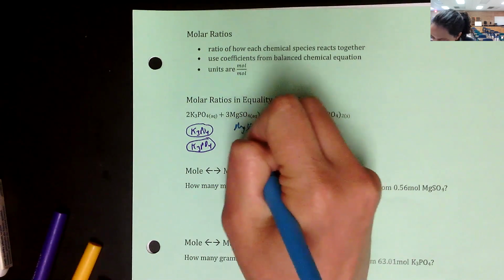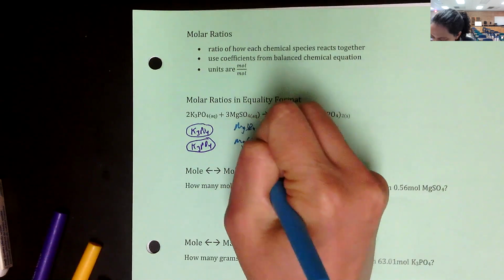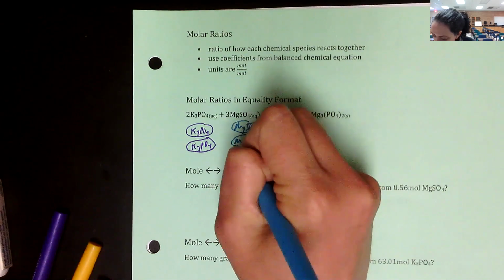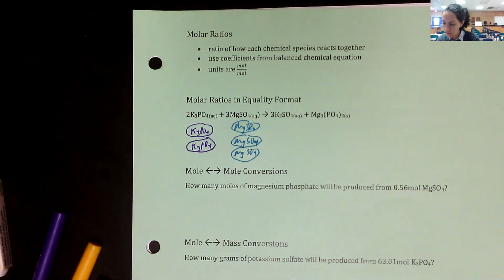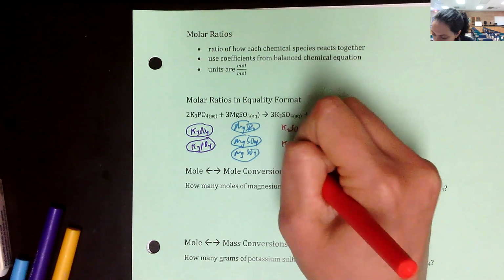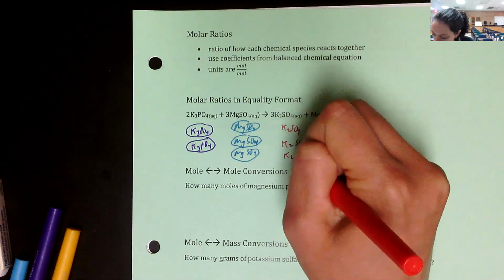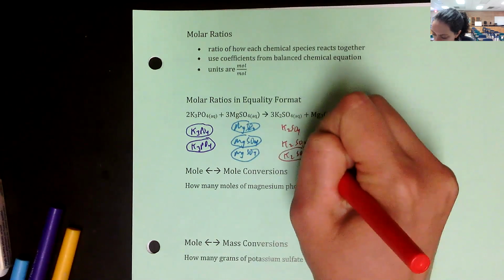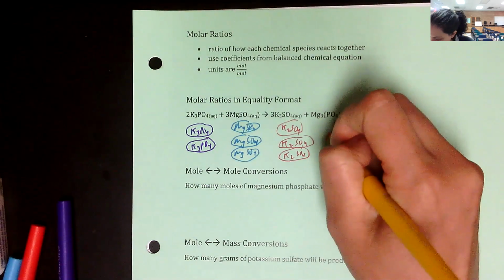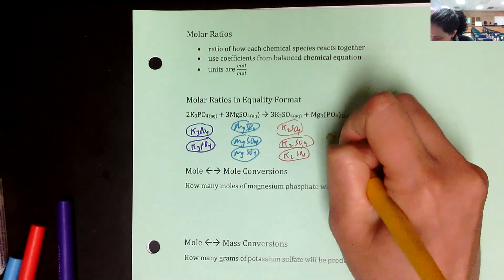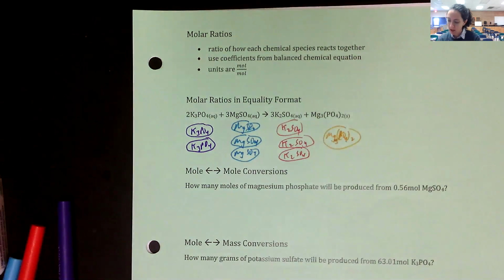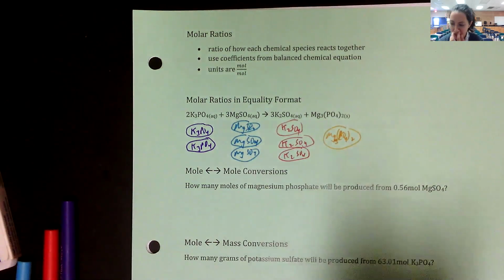There's going to be 3 MgSO4s, and it's going to produce 3 K2SO4s and 1 magnesium phosphate. Okay, so that's our chemical reaction. That's what's really happening here.